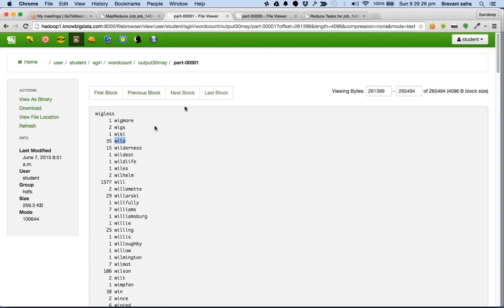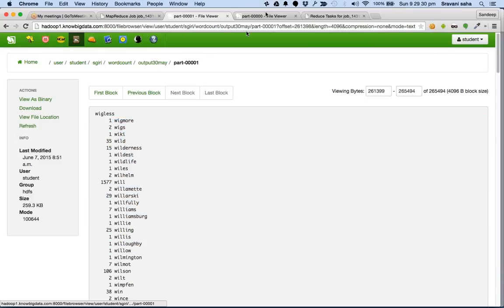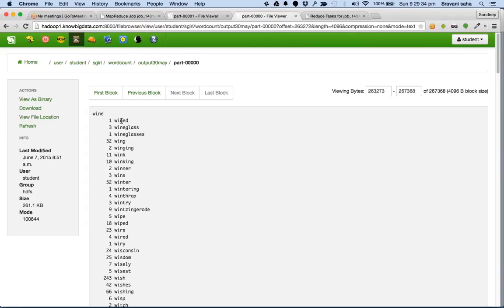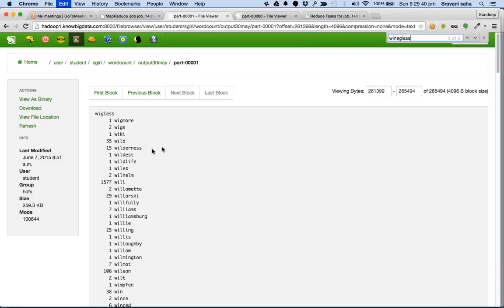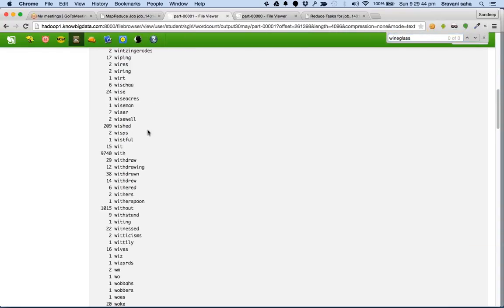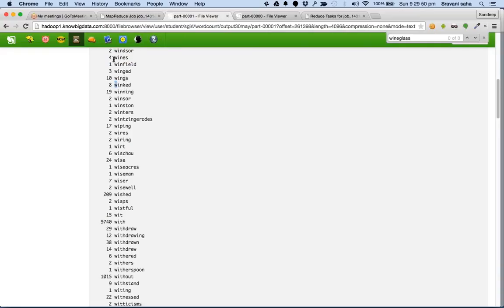You can see the words starting with W are on part 1 and also on part 0. But a key like wine or wind will not exist in another part. Had wine been there, it could probably have been here, between this and this. Correct?